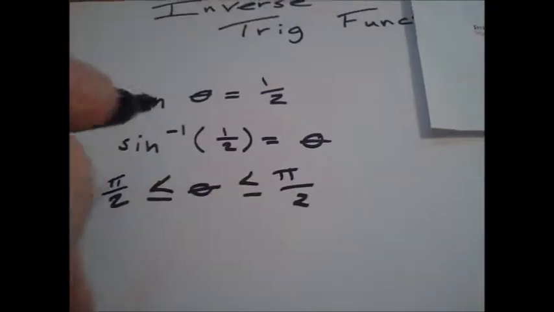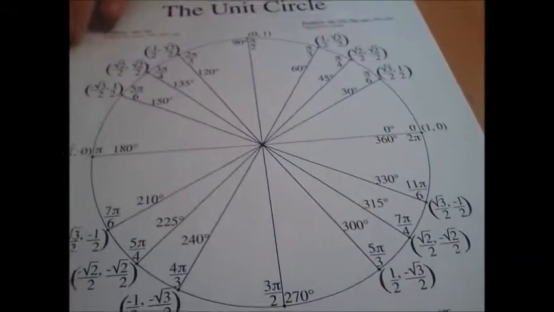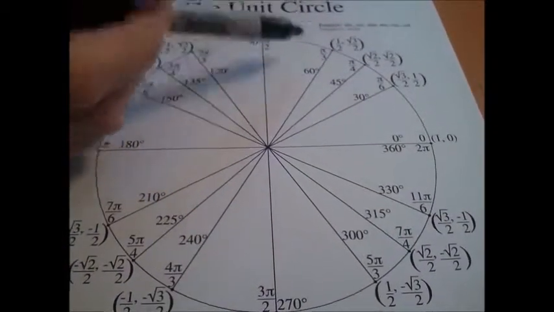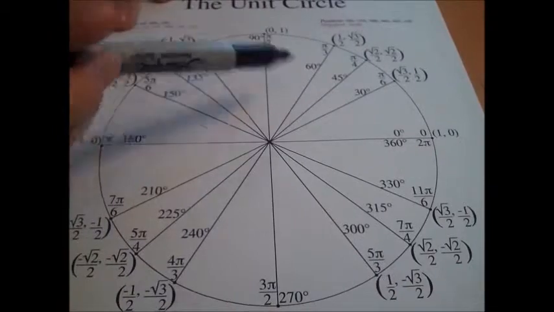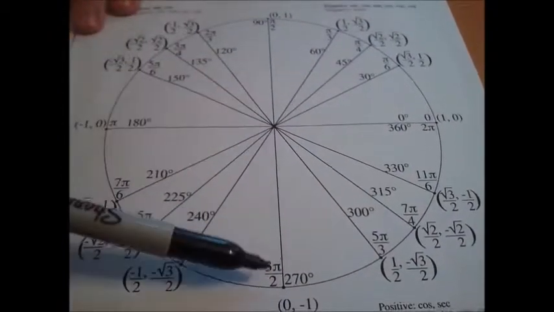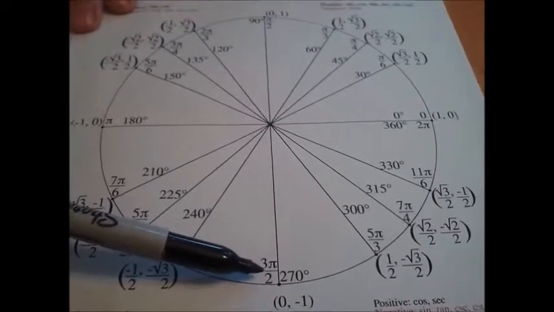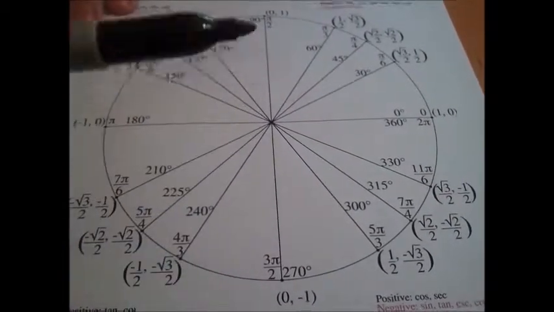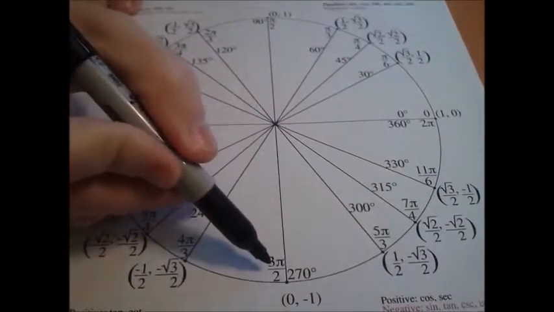So we need to look for something on the unit circle that has a sine. Remember, sine is y. So it's got a y value of 1/2. And it's got to be between, this is pi over 2. And actually down here, if we change this 3 pi over 2 to negative by subtracting 2 pi, this is actually negative pi over 2.